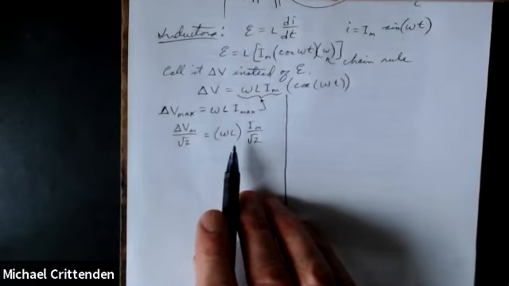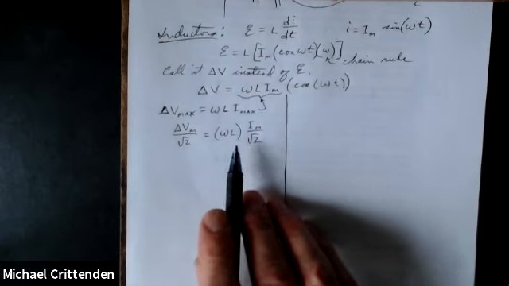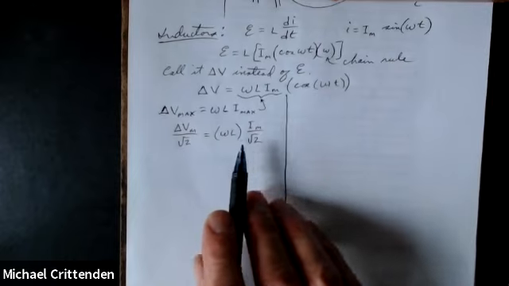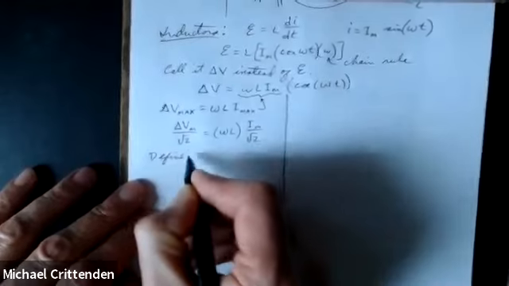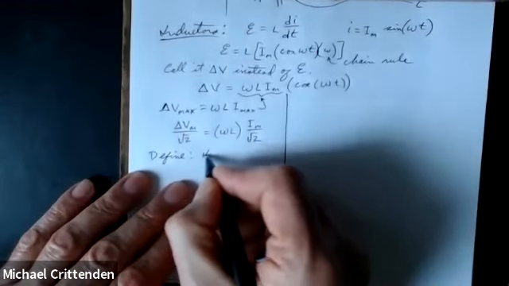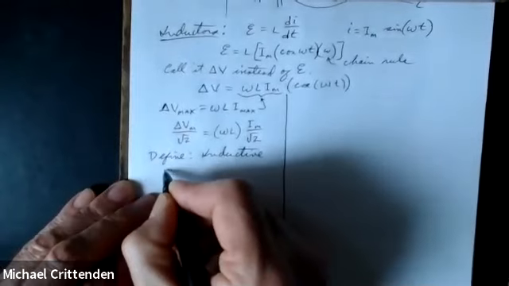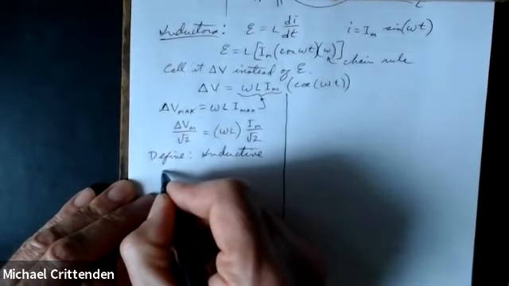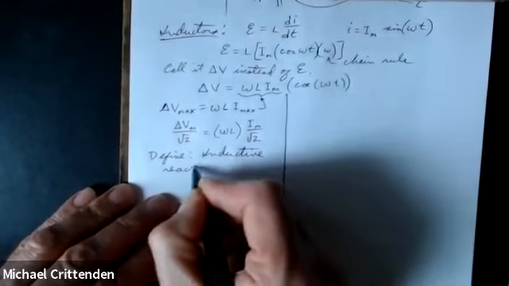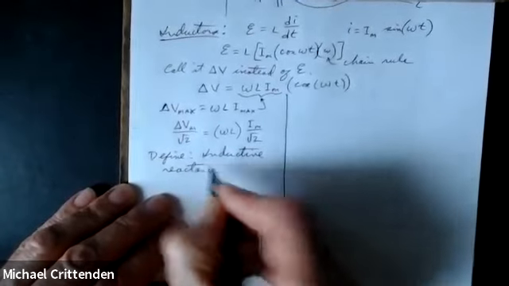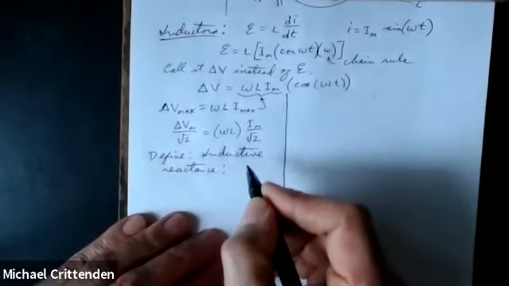Let's give that a name. Seems like that's something we're going to want to talk about from time to time. What do you think? Inductive reactance sounds kind of catchy, doesn't it? Let's define inductive reactance.